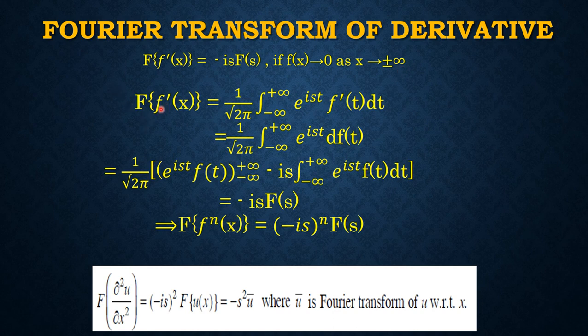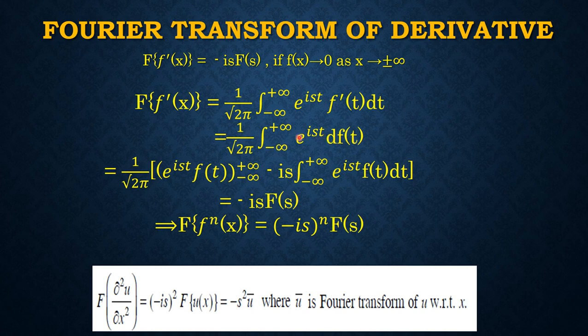Now the Fourier transform of f dash x is equal to 1 by root 2 pi integration from minus infinity to plus infinity of e to the power i s t f dash t dt. Now f dash t dt can be written as df(t), that is equal to 1 by root 2 pi integral from minus infinity to plus infinity of e to the power i s t df(t).